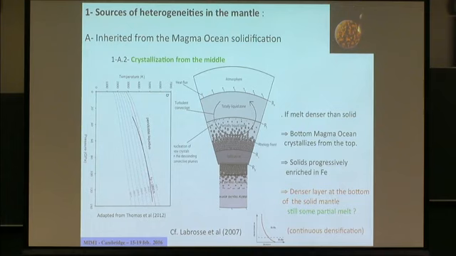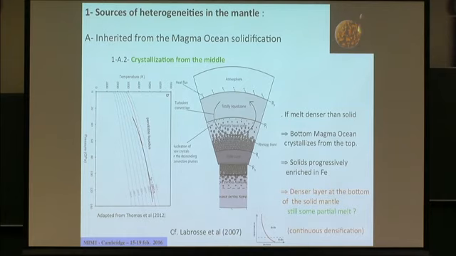So again, the solids are going to be progressively enriched in iron. And so you're going to end up with a density profile at the bottom of your mantle with a progressive densification of the mantle due, for example, to the iron content.